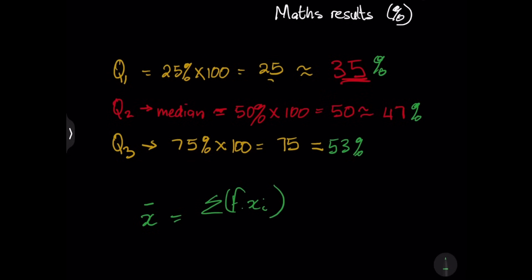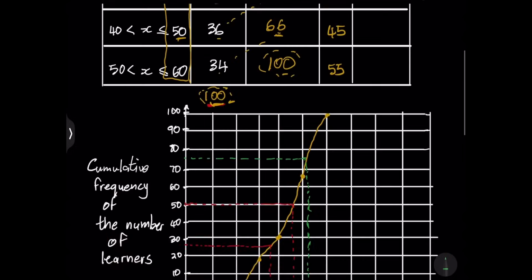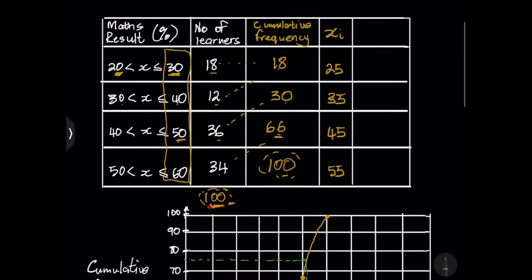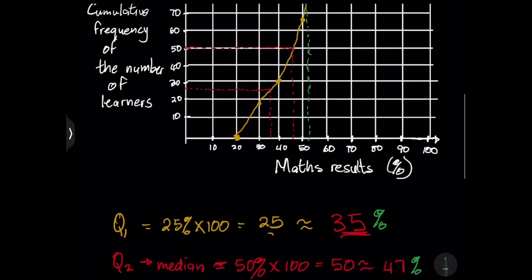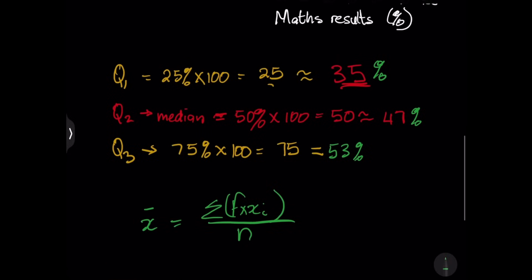Okay, and by the way, you're given this formula, divided by the total frequency, the number of learners.